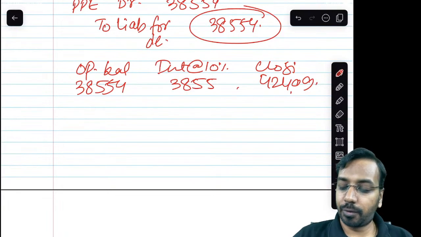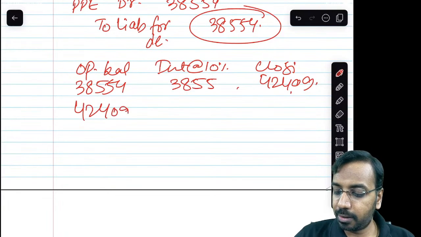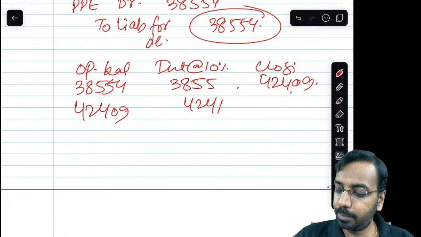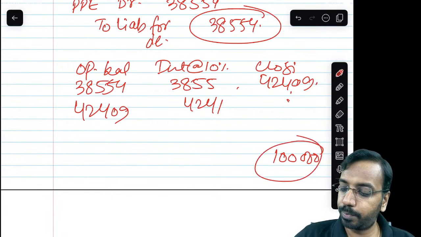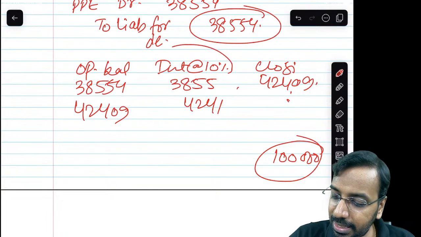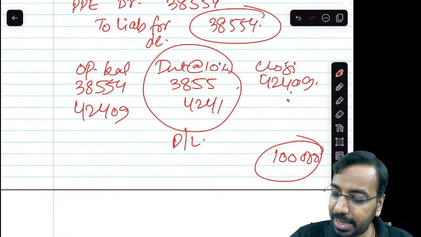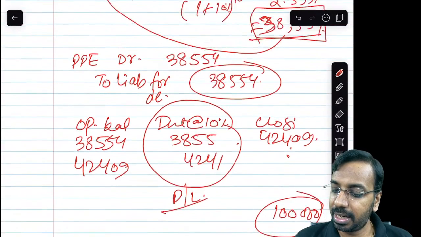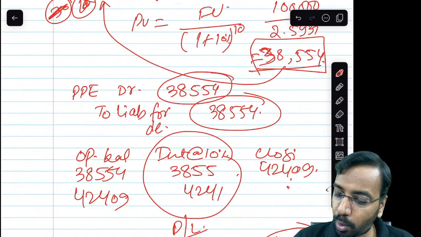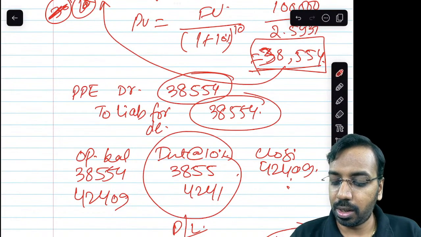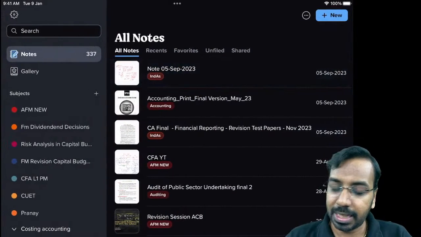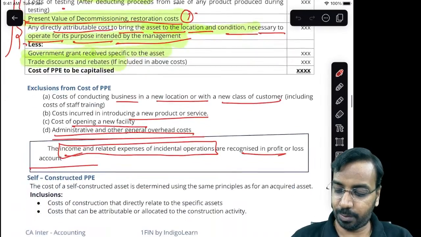Like this you do it for every year. 42,409, interest 4,241, keep on adding it. At the end of the 10th year you will get 1 lakh, right? This interest will be charged to P&L every year, and depreciation will be calculated on the amount including 38,554. That is about the decommissioning liability. In case you have any question on that, please let me know.